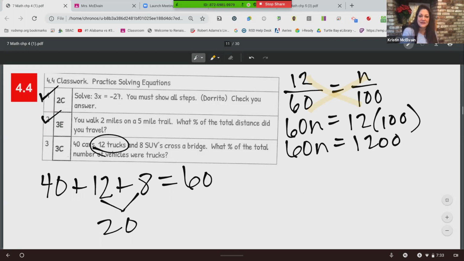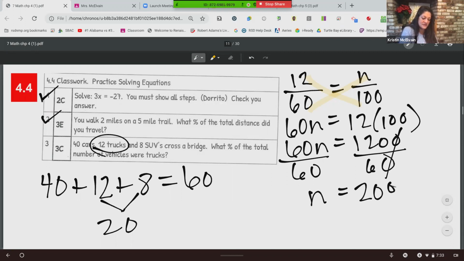Now it's 60 times n. To undo multiplication, we divide. What we do on one side of the equal sign, we do on the other. These right here cancel out. So now we can say 120 divided by 6 is going to be 20. So 20% are trucks.